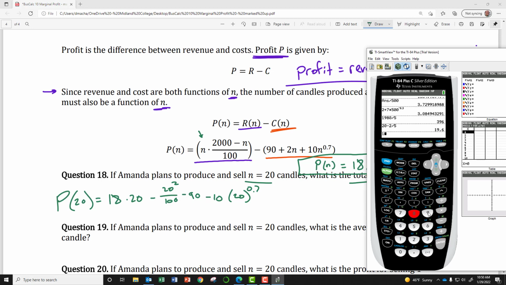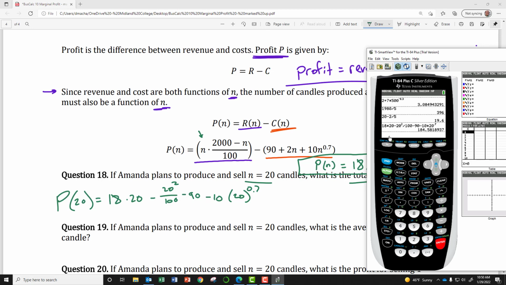So 18 times 20 minus 20 squared divided by 100 minus 90 minus 10 times 20 to the power 0.7.